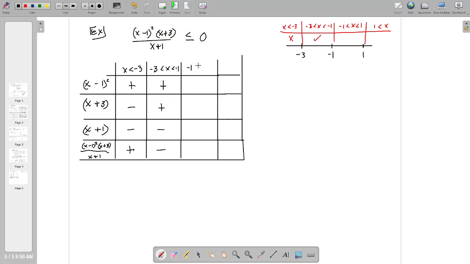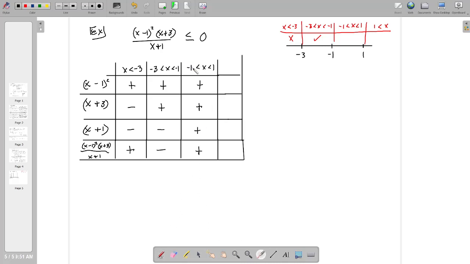Now let's use the next test point between -1 and 1. And that's an easy one. We just use 0. 0 minus 1 is -1. -1 squared is positive. So we get a positive value here. 0 plus 3 is positive. 0 plus 1 is positive. So a positive times a positive divided by a positive is positive.